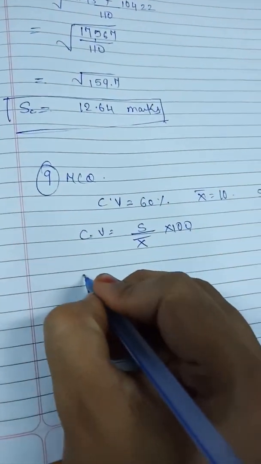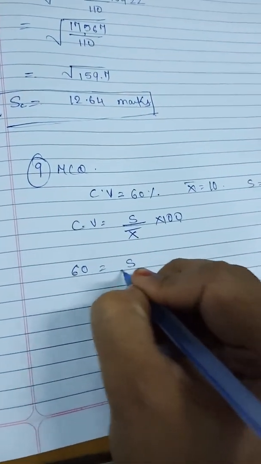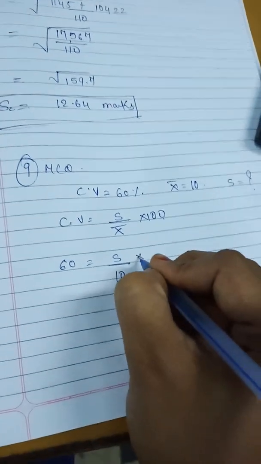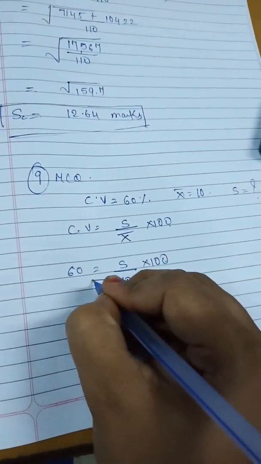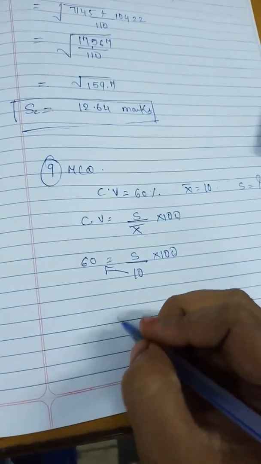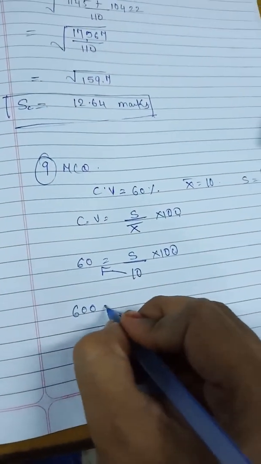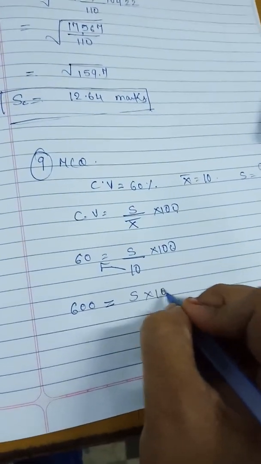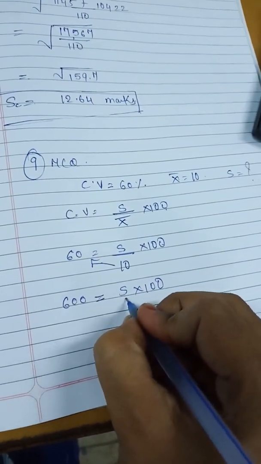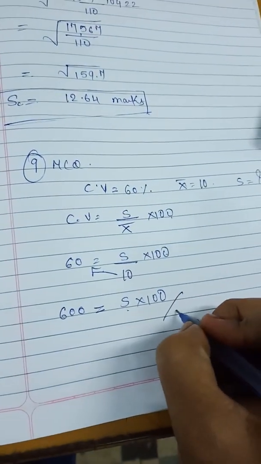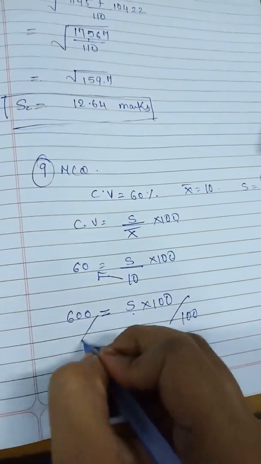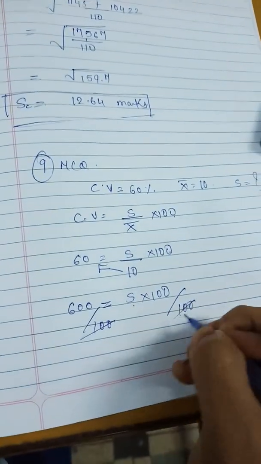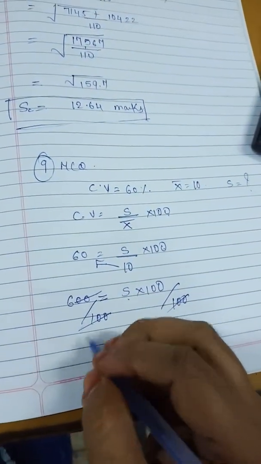So CV they have given 60, standard deviation we don't know, mean they have given 10, into 100. So first we will be taking 10 over that side, so that is 600 equals S into 100. We only want to find standard deviation first, so 100 divide on both sides. 100 cut, here 0 cut, so 6.